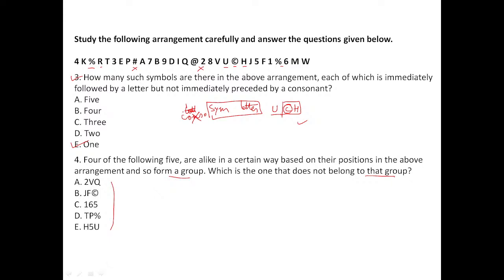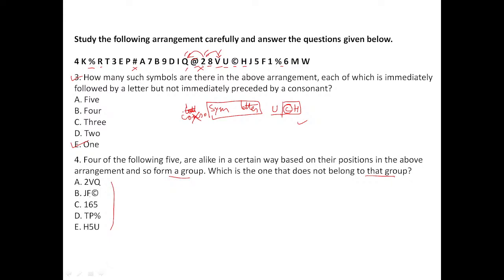But we have to find the option where this particular rule is not followed. So let's check 2VQ. You can clearly see that there is one jump to the right, one jump to the left: 2, 1 drop V, 2 left side, 1 drop Q. Let's see whether this is the logic or not.